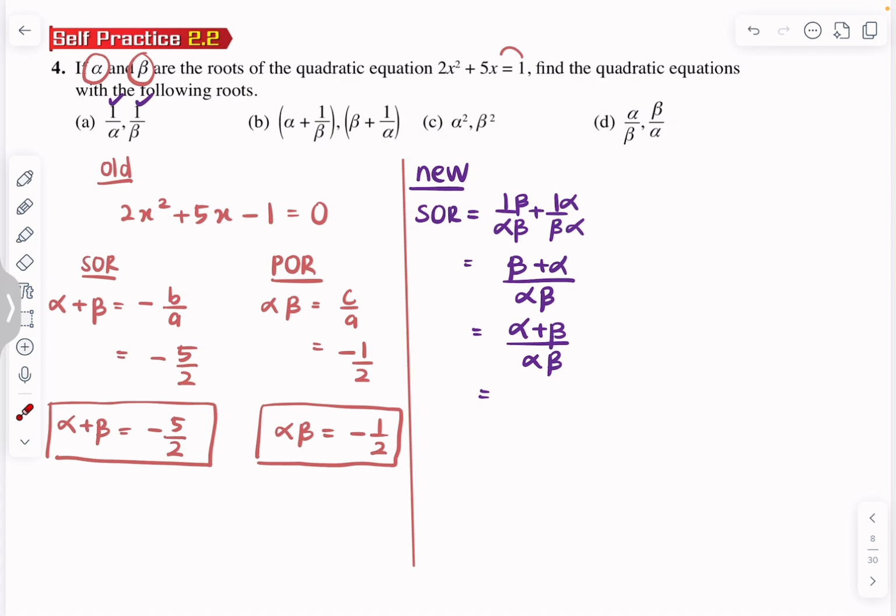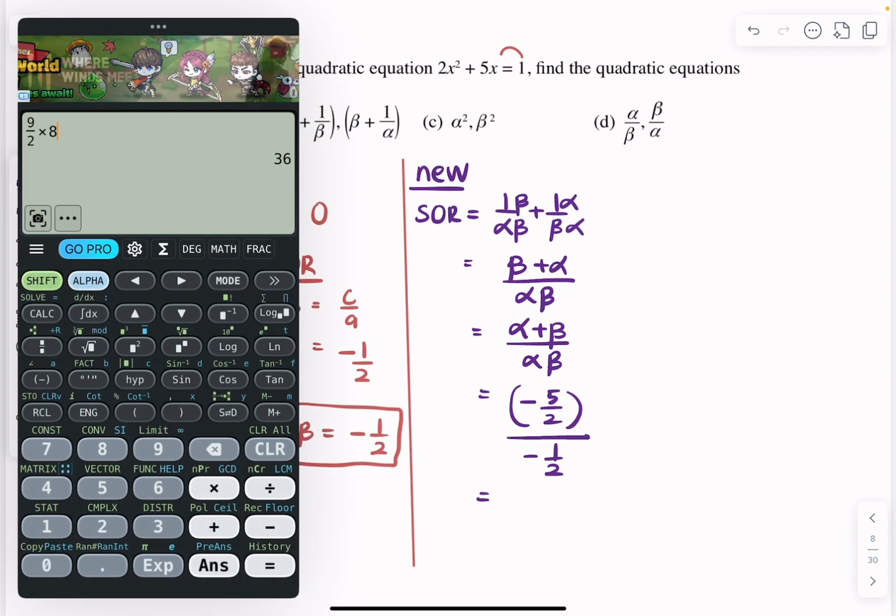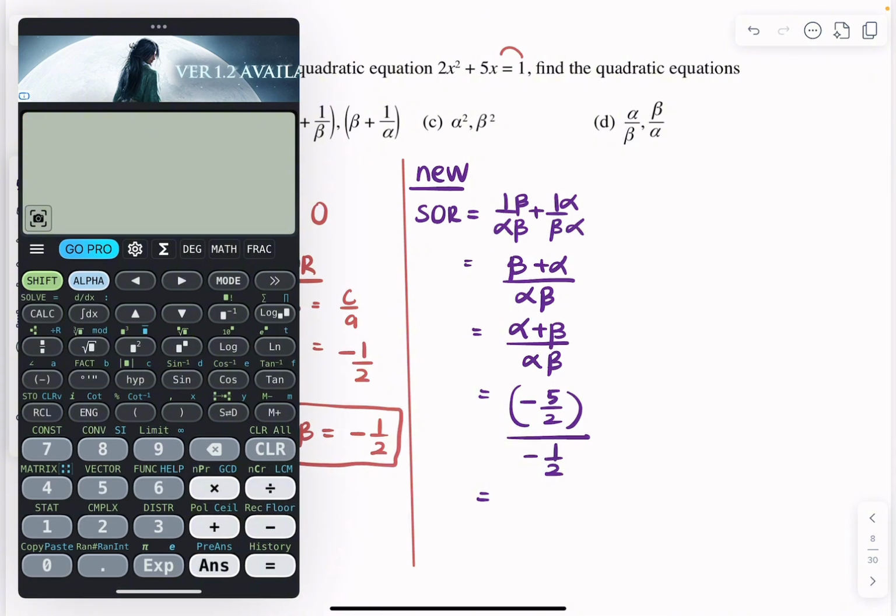Alpha plus beta, we got it here. Alpha beta also we have. So this will be negative 5 over 2 divided by negative 1 over 2. Negative 5 over 2 divided by negative 1 over 2, we get 5.